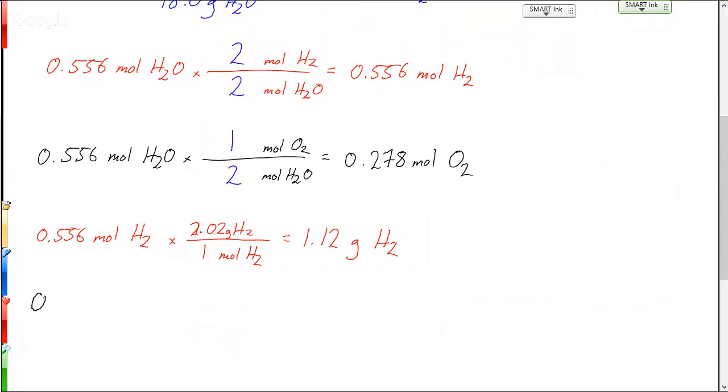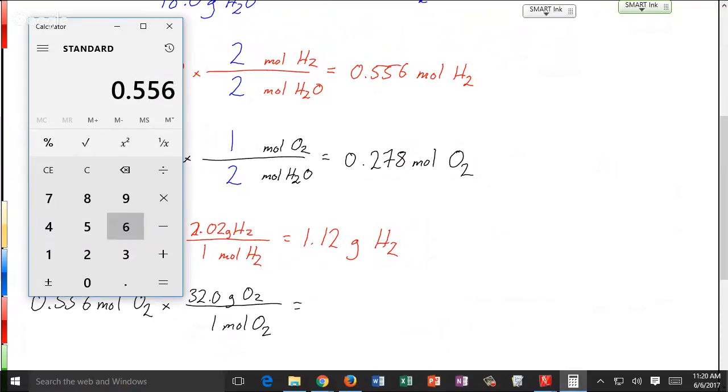And the same thing with oxygen, we could also just subtract from 10. But let's just make sure it works out here. Okay, moles cancel. It's 0.278.